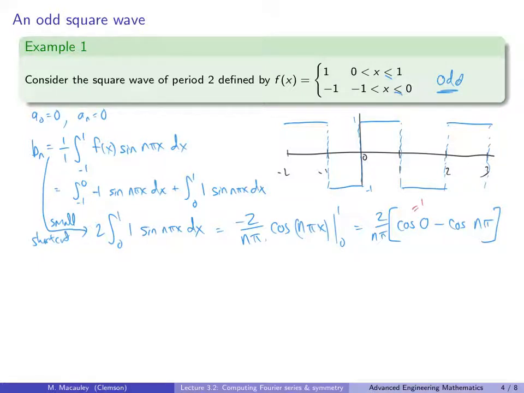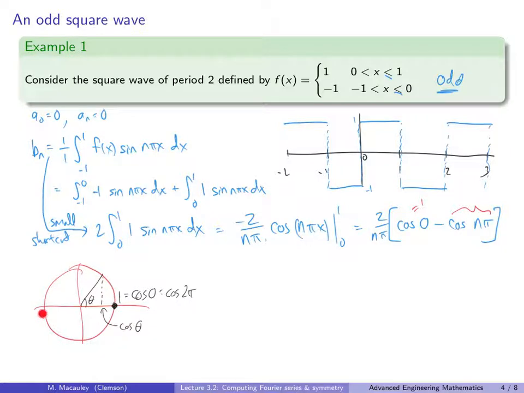And cosine of n pi, what is that equal to? Well, let's look at the unit circle to remind ourselves. If I take this theta, then the x value is cosine of theta. So this point on the unit circle here, this is 1, and that's equal to cosine of 0 radians, or cosine of 2 pi radians.